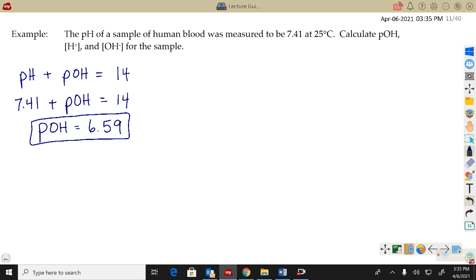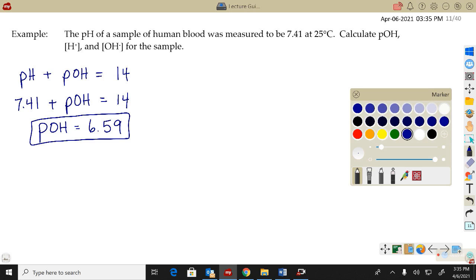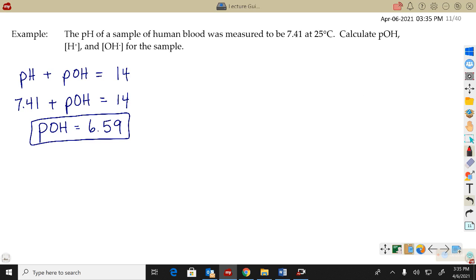All right, now you've got a couple ways of going about the concentration of the hydrogen ion and the hydroxide ion. There's two options. So let's say option one. Option one is that we could do what we were just doing and say that if I know the pH, and that number is the opposite exponent of 10, let's just go backwards.